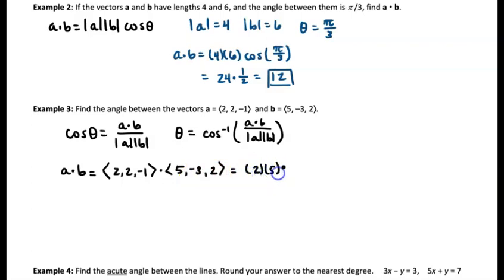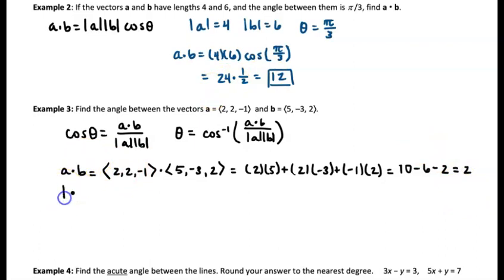So 2 and 5, adding to that the second components which we are multiplying, and adding to that the third components. All right, we've got 10 - 6 - 2, and so our dot product yields 2. All right, our dot product of A and B.